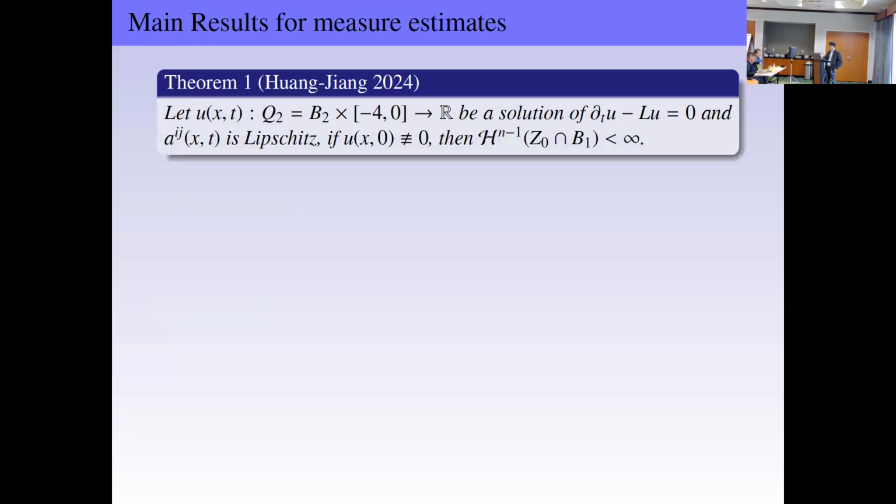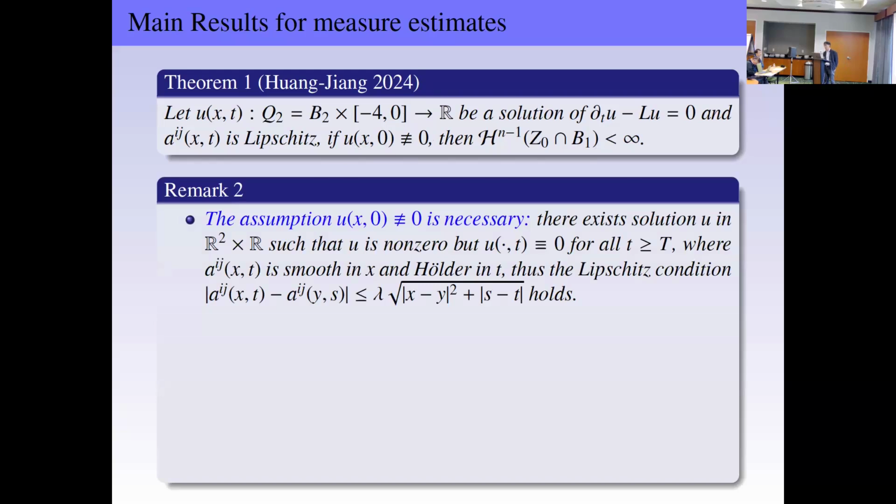If at one time slice u is not identical to 0, then we can show that the Nodal set has finite measure. Just a remark: the initial time we consider here is -4, not 0. We consider the backward parabolic ball. So if at some time slice u is non-zero, then we can get a finite measure.